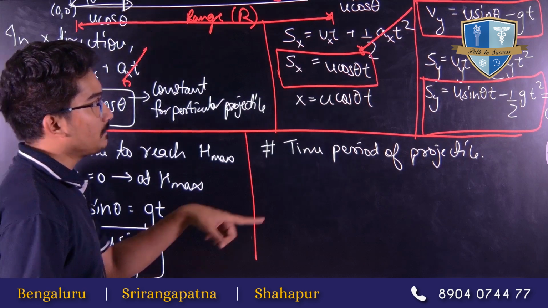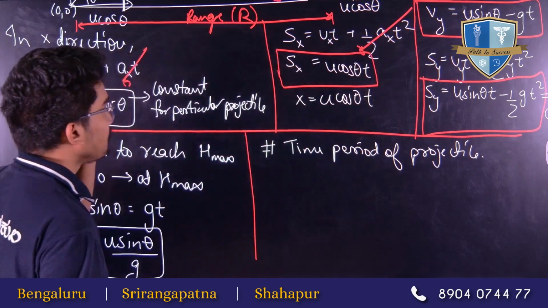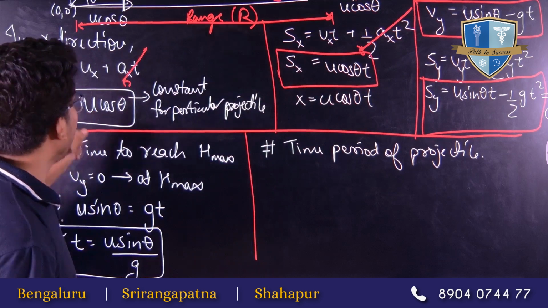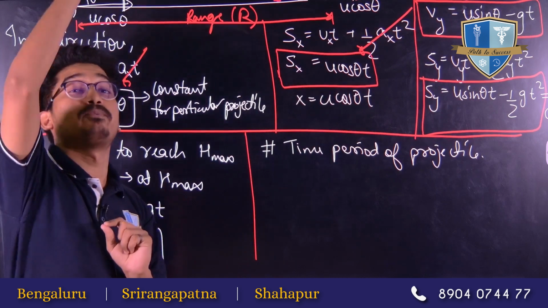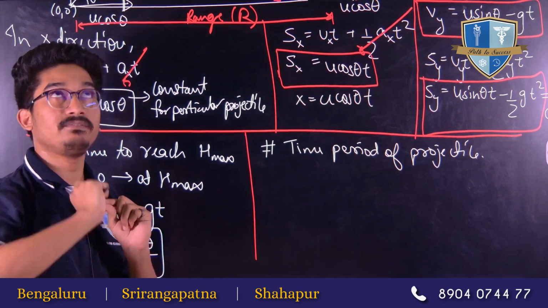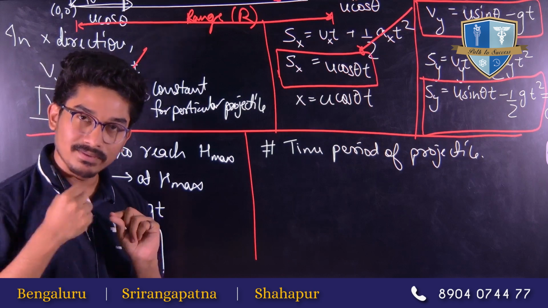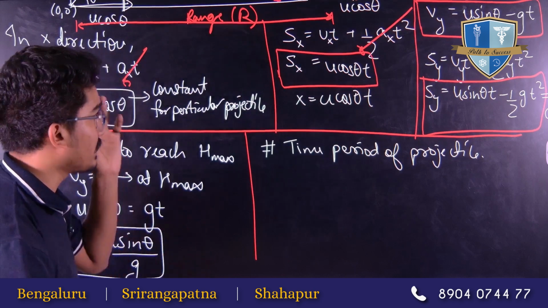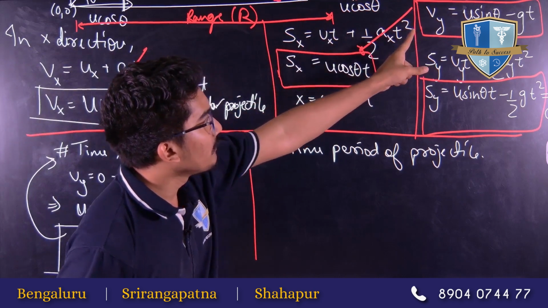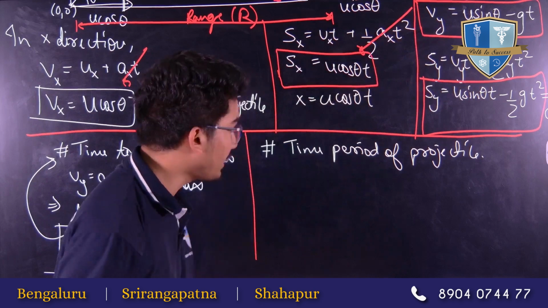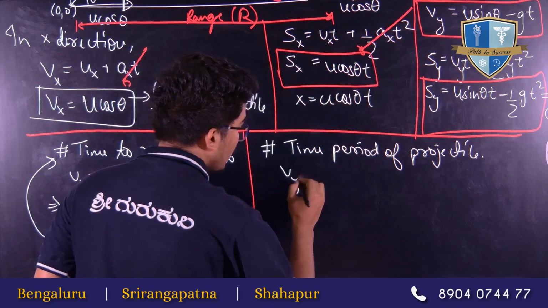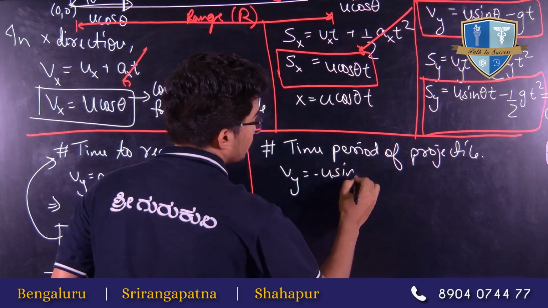Finally, the final velocity will become opposite. If you throw an object vertically upward with velocity v, it will come back to the same point with the same velocity v, but in the opposite direction. So the final velocity will be u sin theta in the negative direction. So Vy is equal to minus u sin theta.